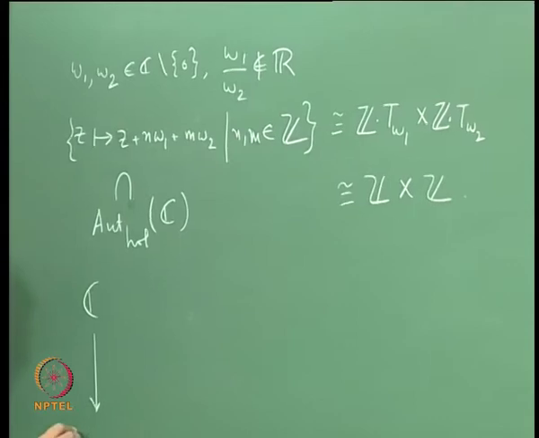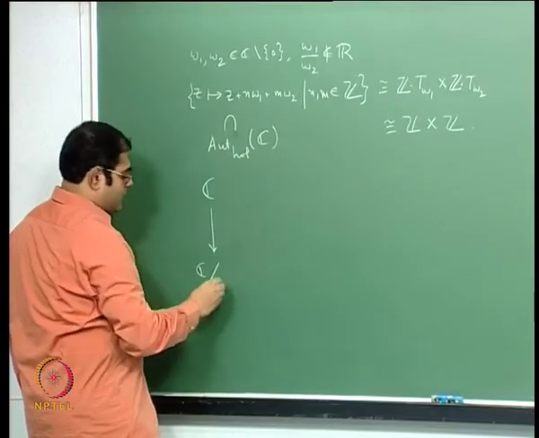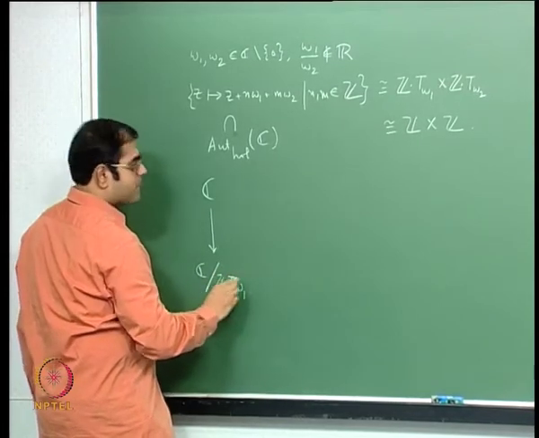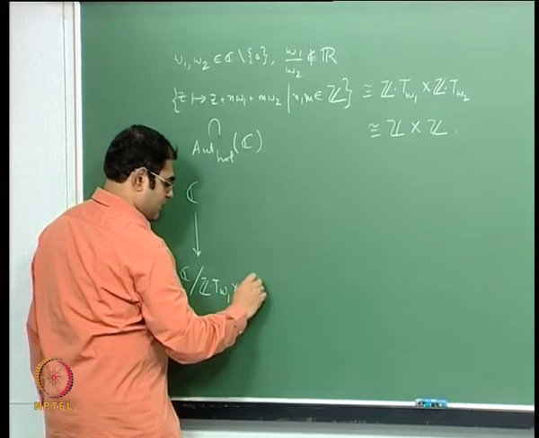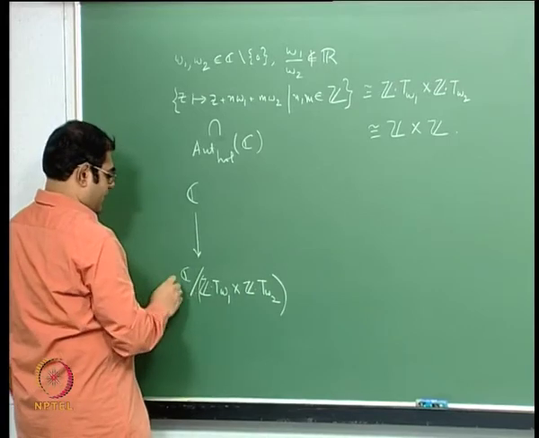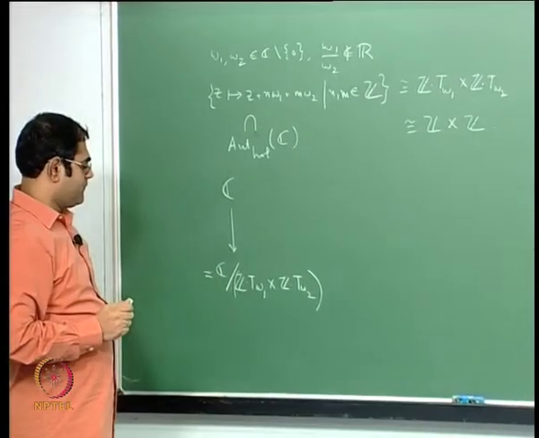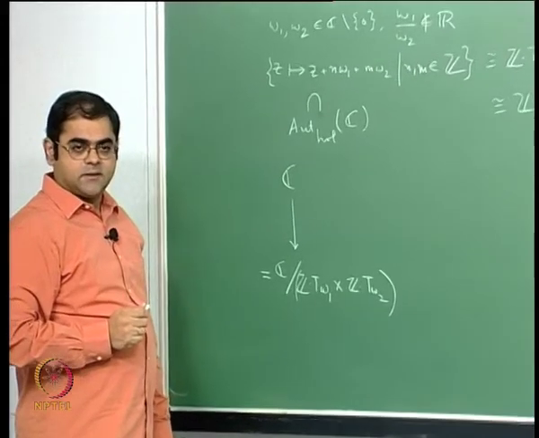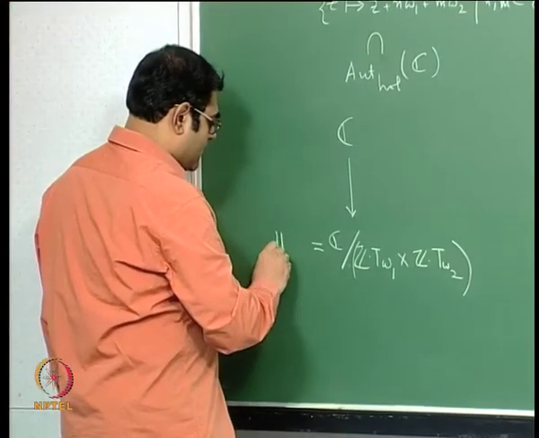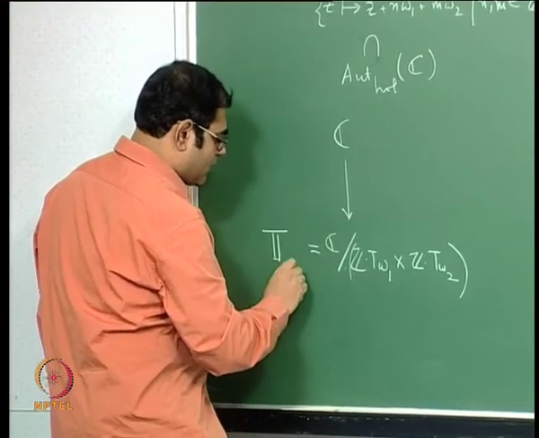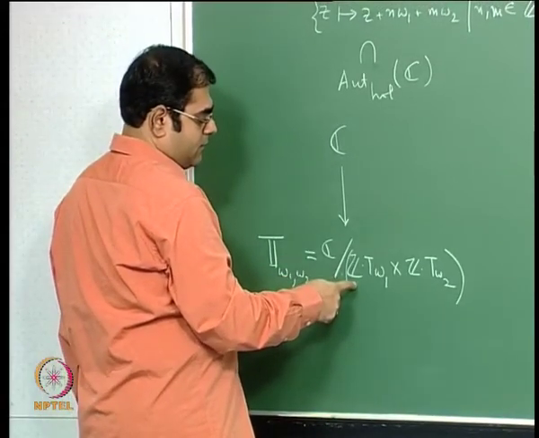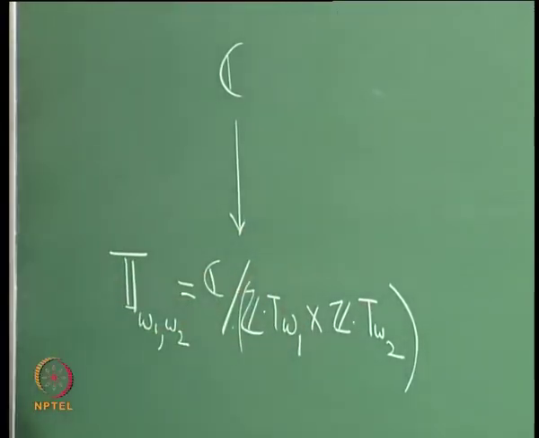So you go C modulo the subgroup Z translation by omega 1 cross Z translation by omega 2, and this gives you a complex structure, a Riemann surface structure on the torus, which we call T sub omega 1 comma omega 2. This is a Riemann surface structure on what is topologically a real torus.